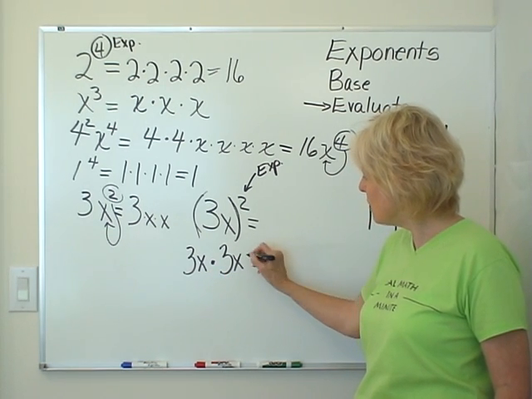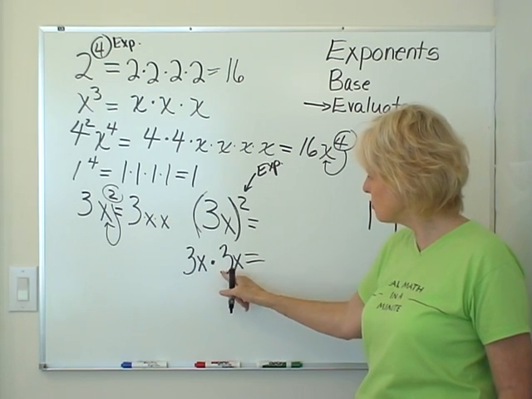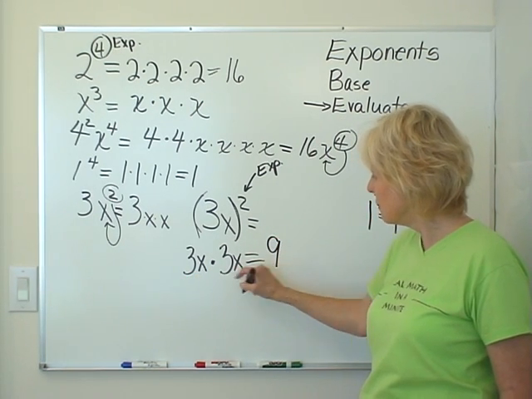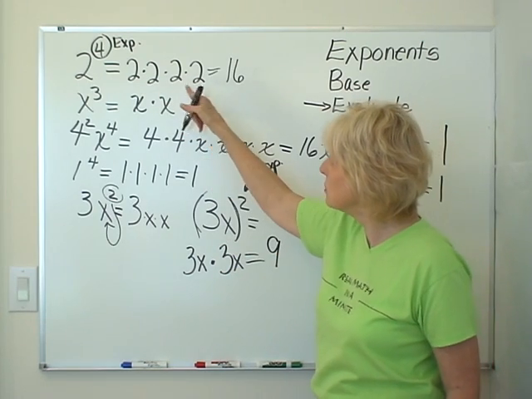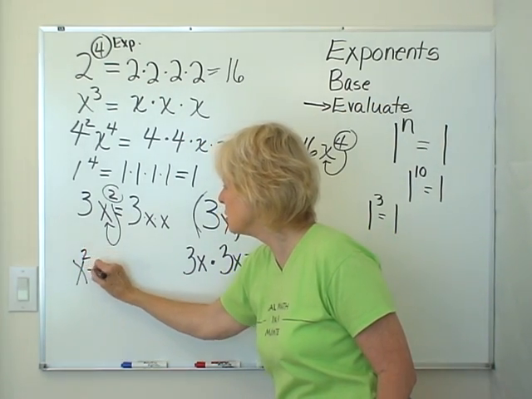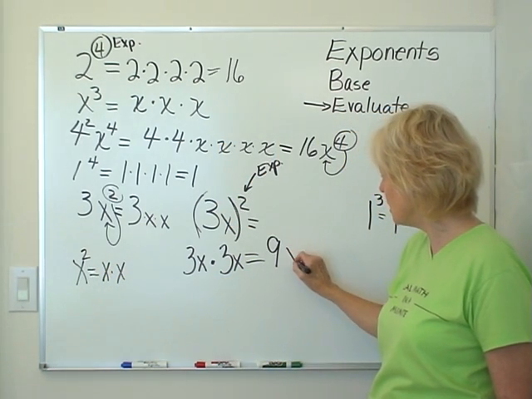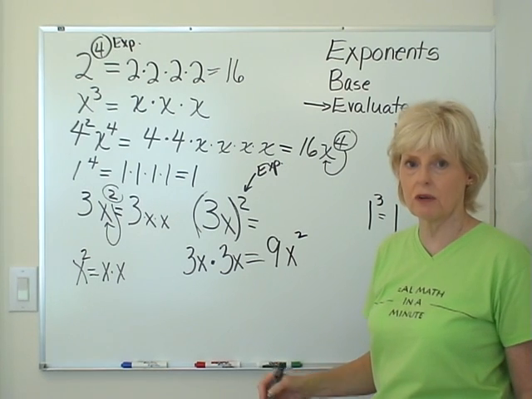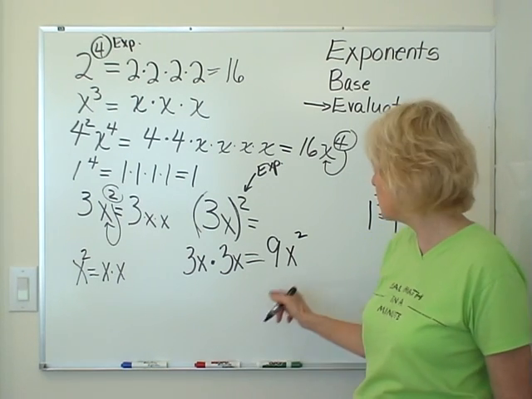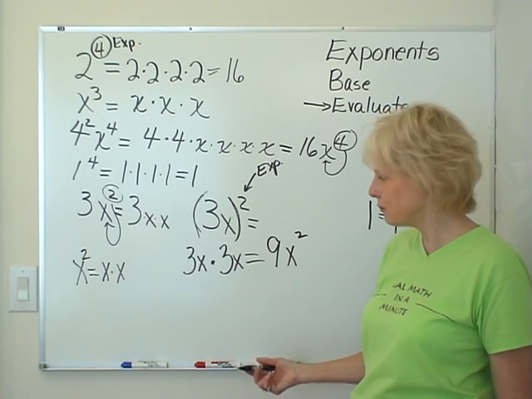If I wanted to evaluate that, because sometimes I do, then I would say 3 times 3, because we know how to multiply. And x squared means x times x. So if I've got x times x, that's the same thing as writing x squared. I can write it as either one.